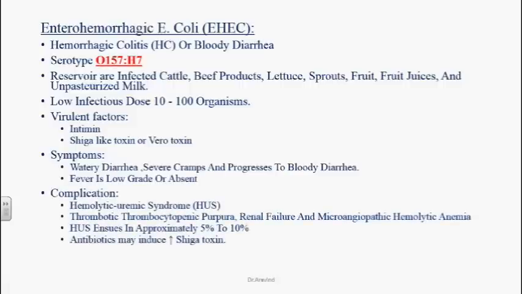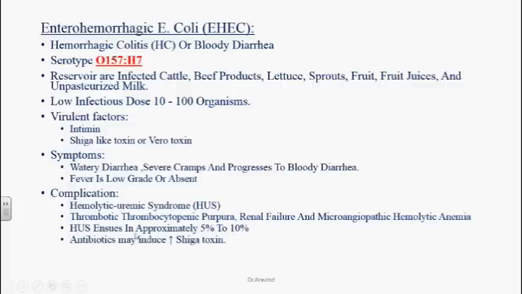The complication, if untreated, is mainly hemolytic uremic syndrome, which includes three signs: thrombotic thrombocytopenic purpura, renal failure, and microangiopathic hemolytic anemia. This HUS is mainly caused by Shiga-like toxin. Whenever the Shiga-like toxin enters the bloodstream, it can damage the blood vessels and the red blood cells, and ultimately renal failure occurs.